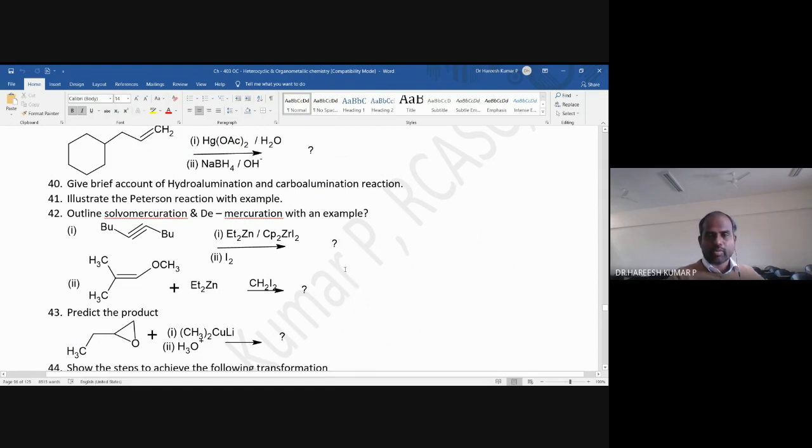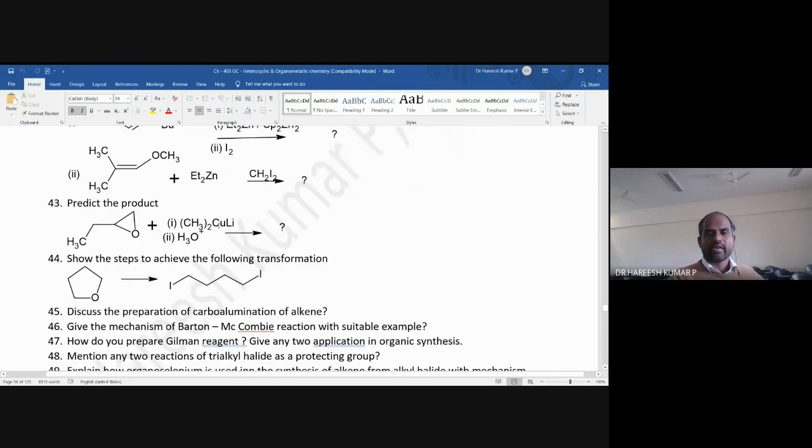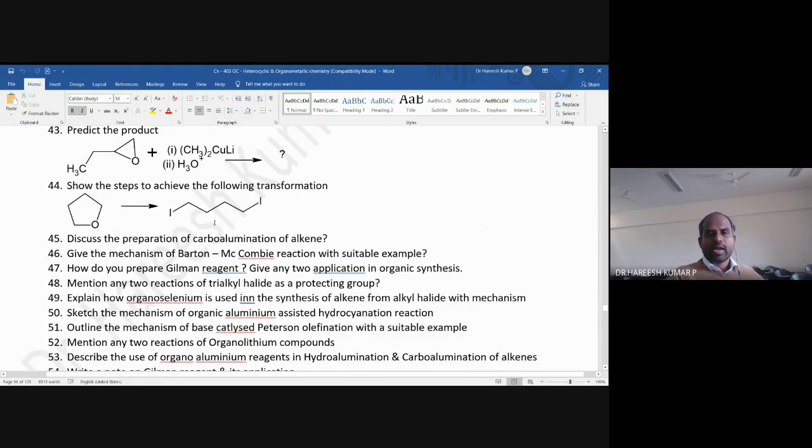So here, cyclopropanation, iodoethyl will add to the double bond. And here you can observe that this is a hindered carbon atom and this is a less hindered carbon atom. To this carbon, methyl group will add. Methyl will form a bond with this carbon and there will be a ring opening. That is the product.